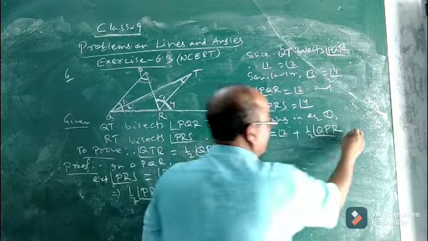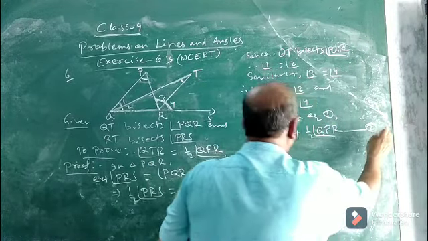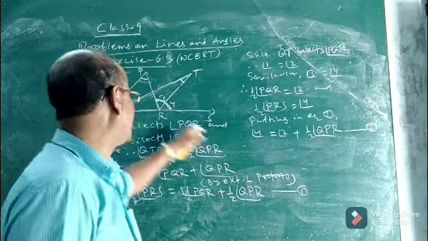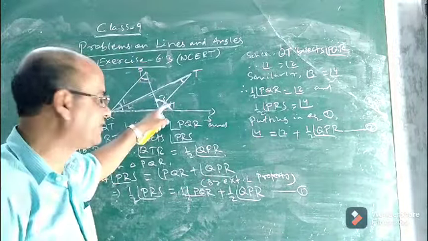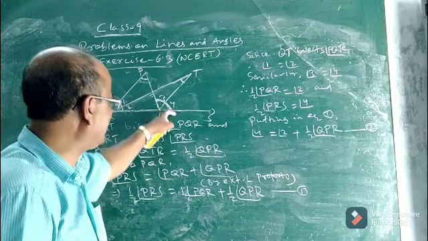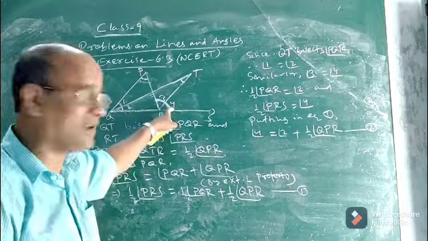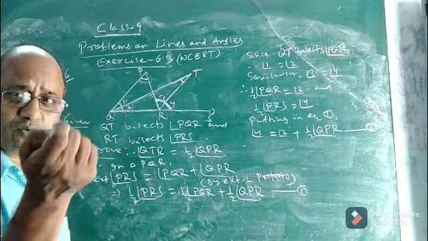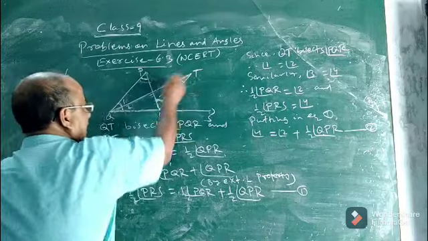Let this be equation 2. So all these things we got. How did we get all these things? We got all these things by considering triangle PQR and taking PRS as the exterior angle and this angle as interior opposite.